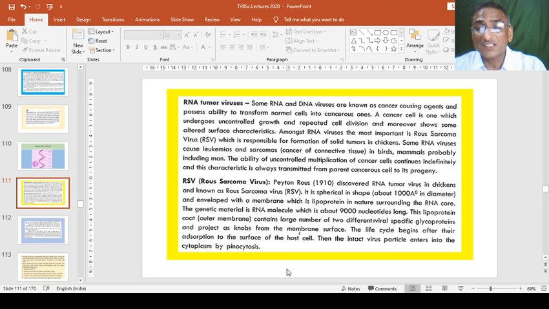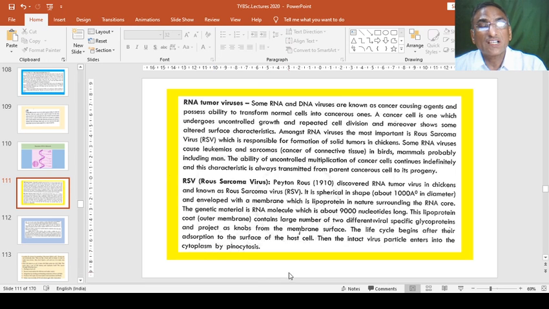The life cycle begins after adsorption on the surface of the cells. Mostly they enter through the cell surface by different ways and cause attack to the cells. Viruses mostly cause different diseases or abnormalities among the cells or animals.